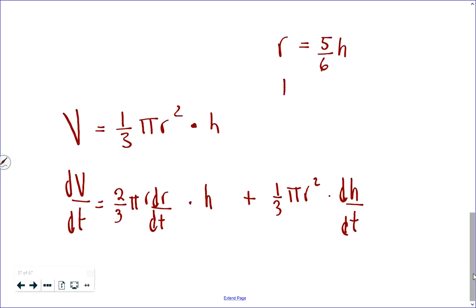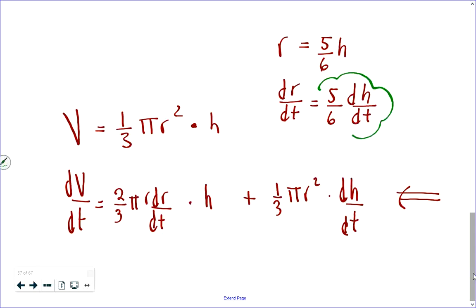I get dr/dt equals 5/6 dH/dt, and it isn't a dead end by any means. It's just that the problem with doing it this way is you don't know dr/dt. Well, what you're going to do is you're going to put this here. But even as you start to walk down this road, I think you see it's more trouble than it's worth. That product rule really makes things more complicated to work with. But that will work.